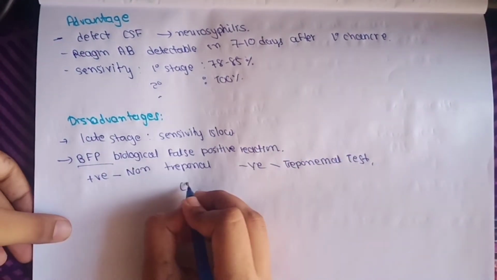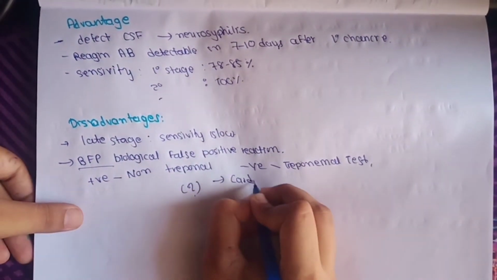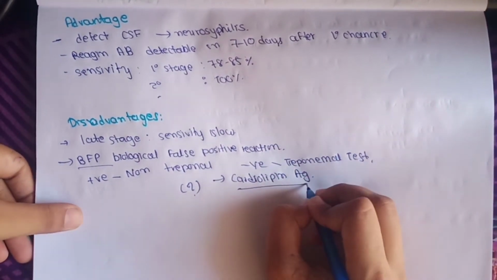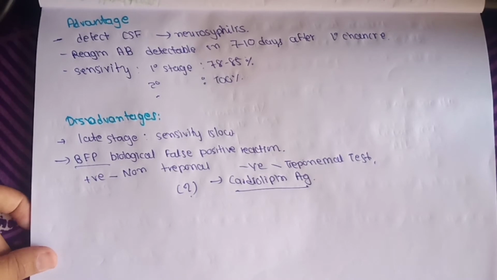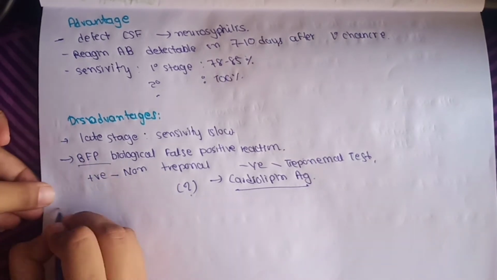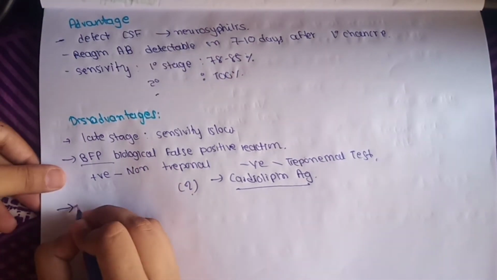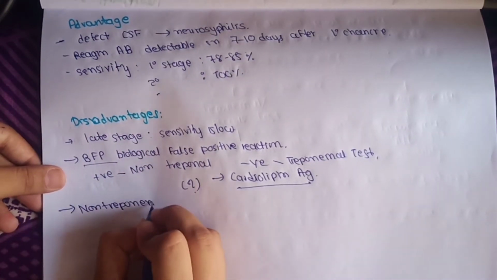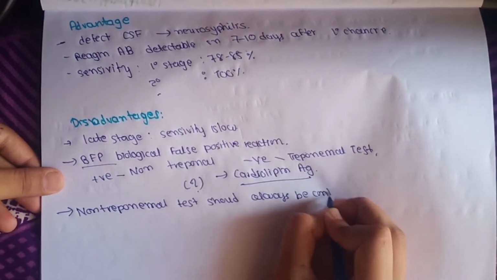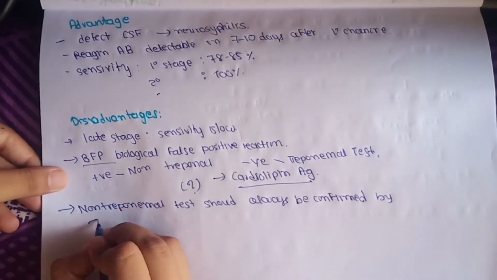This is because of the cardiolipin antigen. The non-treponemal test can be positive whether or not Treponema pallidum is present, but the treponemal test will be positive only if Treponema pallidum is present. So, a non-treponemal test should always be confirmed by a treponemal test.